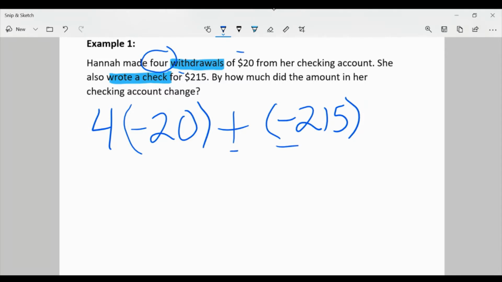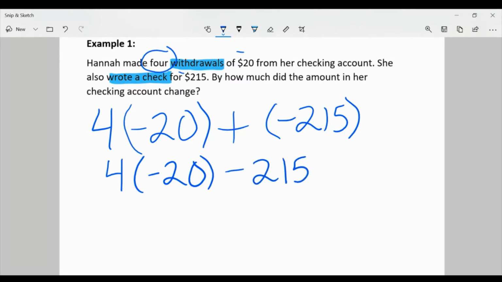So let's go ahead and go through this. So I'm going to rewrite this equation 4 times negative 20, and this would be minus 215. Okay? Now, I can multiply first 4 times negative 20, and that would give me negative 80.